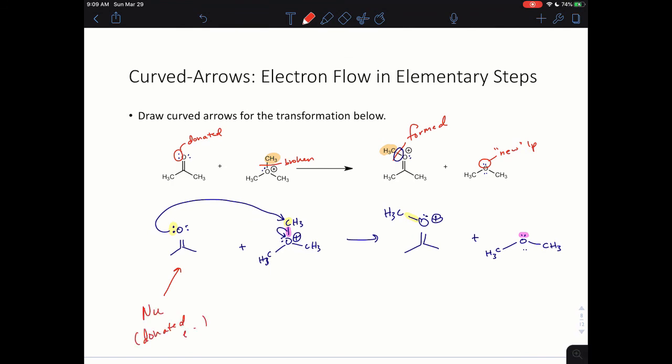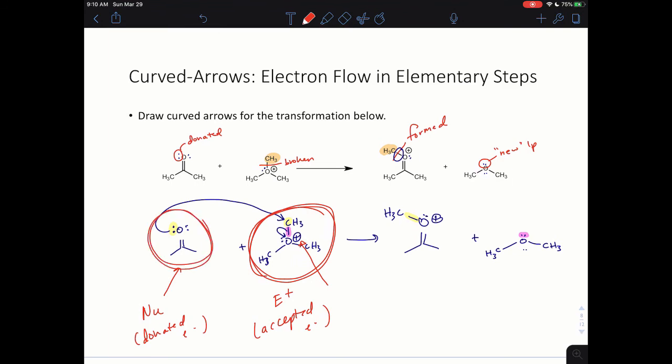It donated electrons. Which species accepted electrons? Yes, the other one. This accepted the electrons. Now you might look at this species and say, hey, it is electron poor. There's this positive formal charge. I bet this will act as an electrophile. Might be a little bit harder to guess that acetone here would act as a nucleophile, but it does have electrons to donate, and so it can. And as you saw, it did.